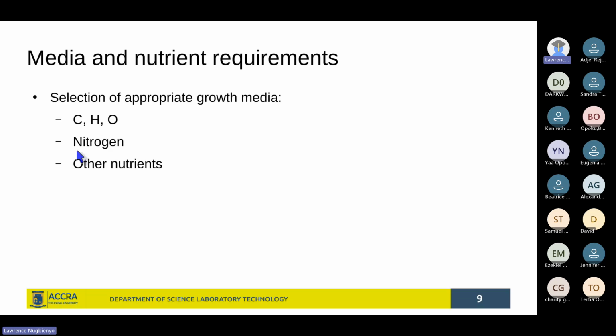These are the other nutrients which they also introduce into the system at different ratios, different combinations.